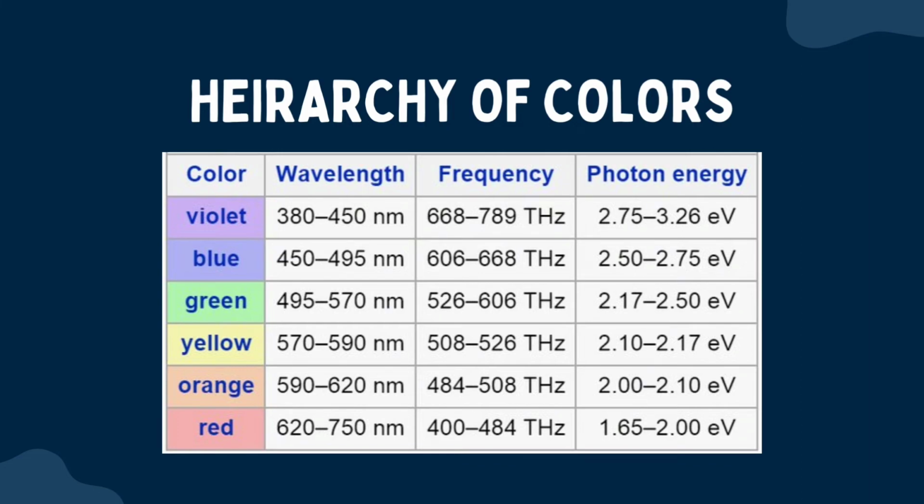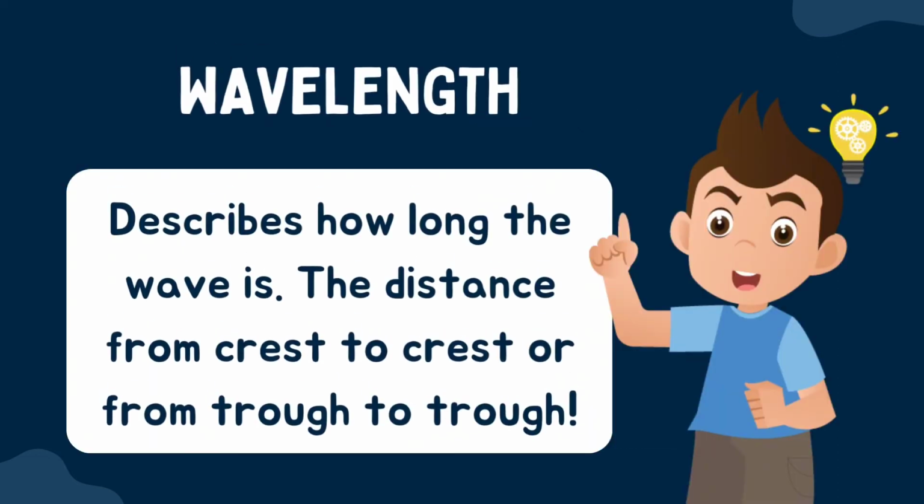Now for the frequency, we can see that violet has the highest frequency and red has the lowest frequency. And as to the photon energy, violet has the highest photon energy and red has the lowest energy.